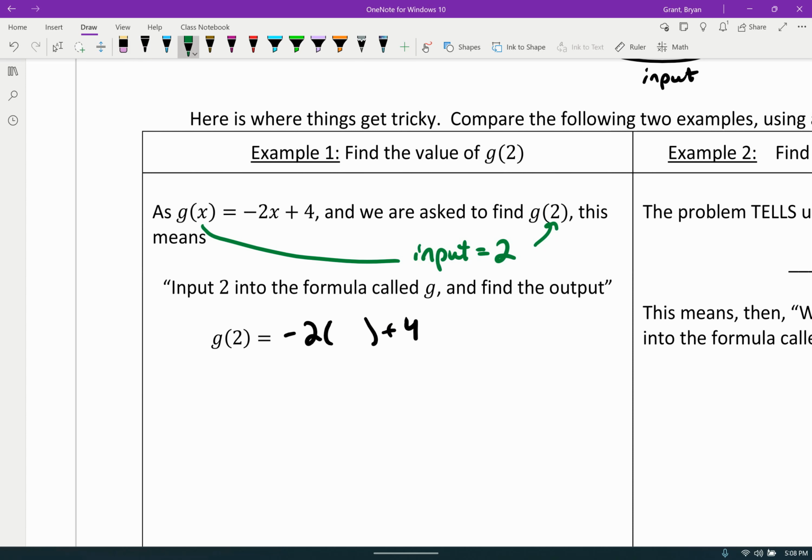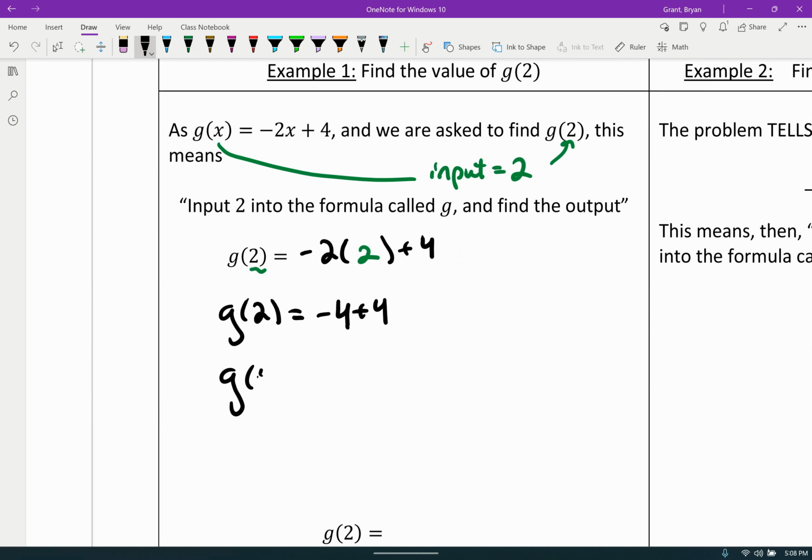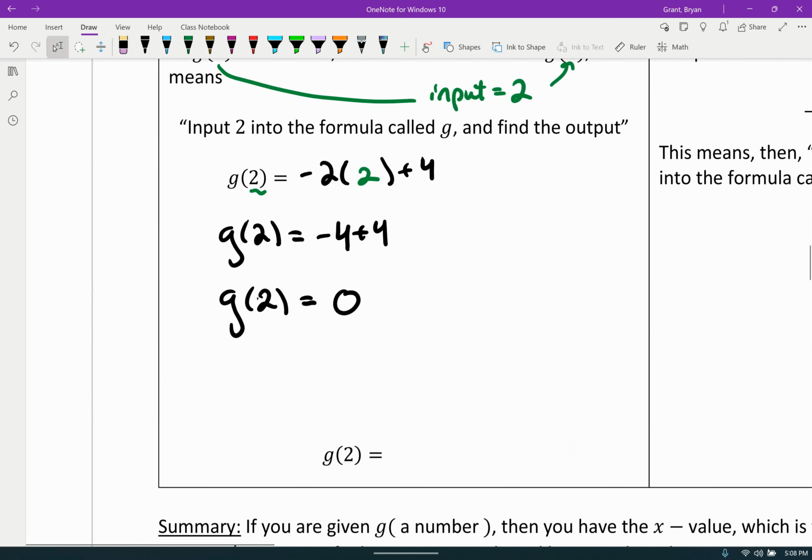So I'm going to input 2 into my x variable, and we want to find the output. So g of 2 will be negative 4 plus 4, and negative 4 plus 4 is 0. So we have found that when you input 2 into my formula, we get an output of 0. Or you could think of it as the point 2, 0.